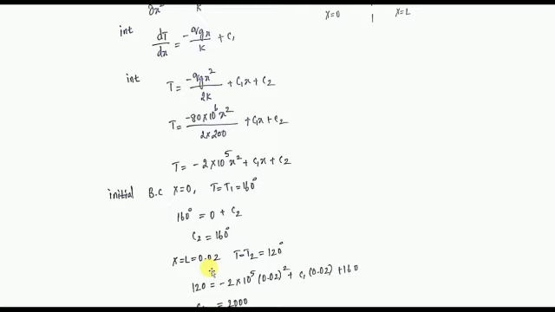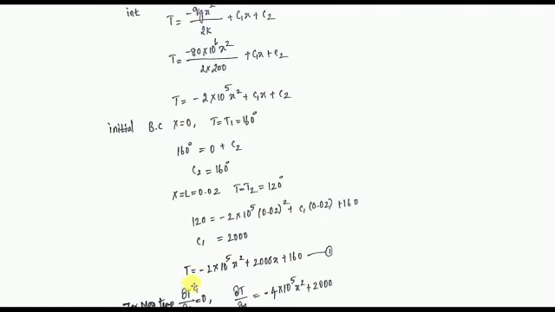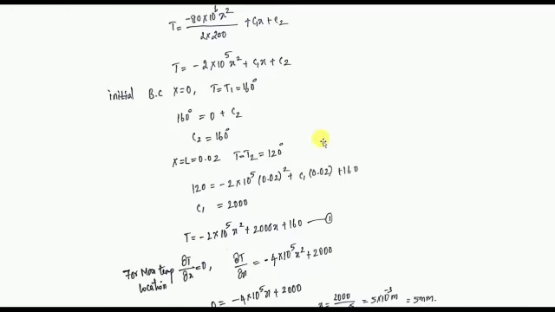If mm is converted into meter, 10 power minus 3, so 0.02 meter. That's why I have written here 0.02. T2 is 120. If you substitute this, you will get C1. Temperature profile is completed with C1 and C2. Now, my dear friends, please remember that we have to find the maximum temperature location.